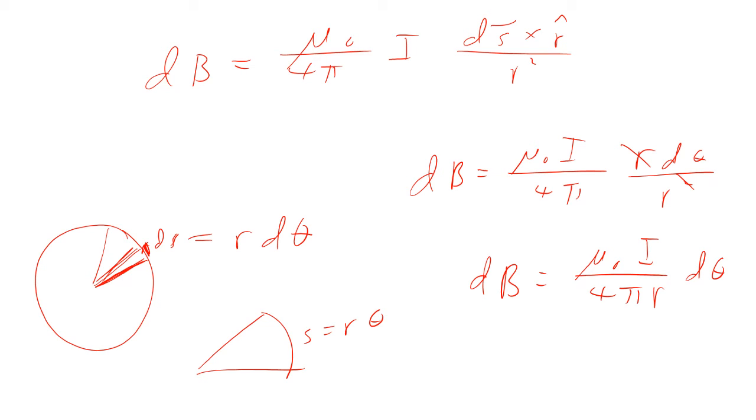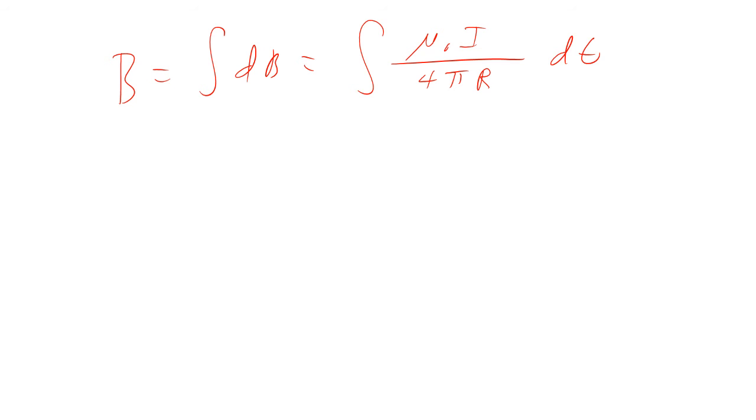Okay, well, all we've got to do to find B is integrate dB. So that's the integral of mu naught I over 4 pi r d theta.